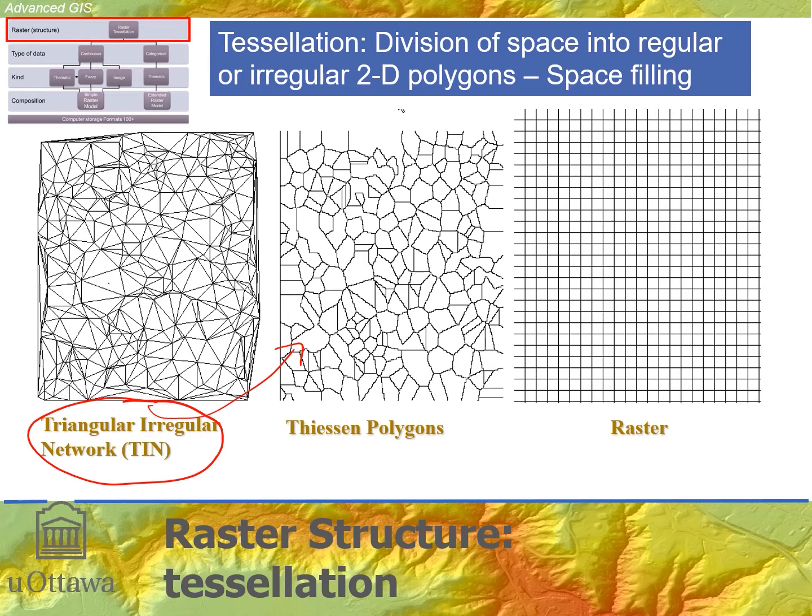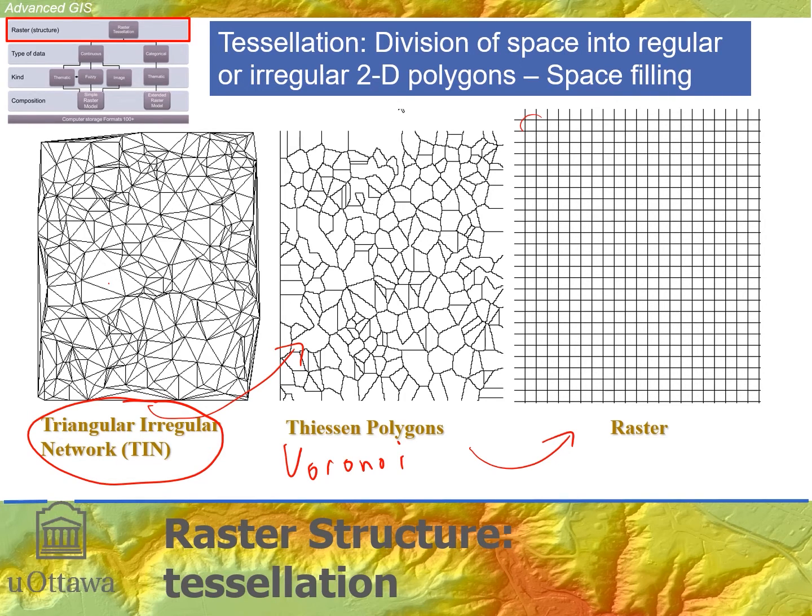These are Tessellation or Voronoi polygons, two names for the same thing. These are irregular polygons. Some are bigger and some are smaller. And then finally we have a regular division of a spatial domain into chunks or quanta, cells, like this.